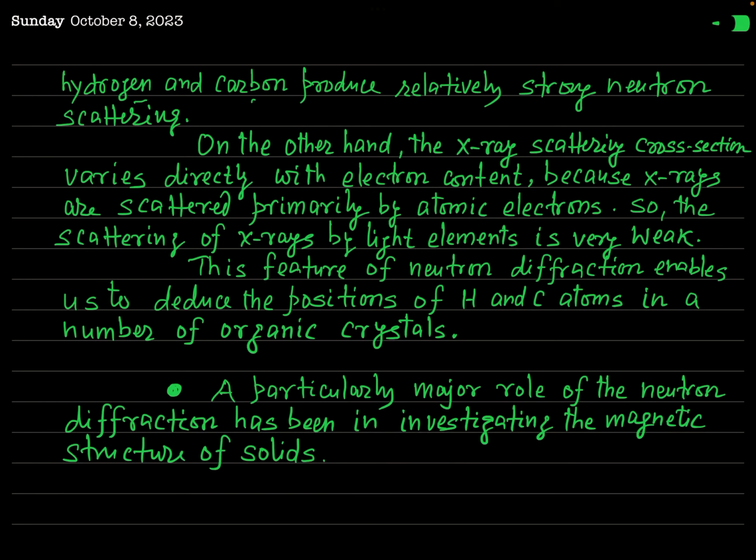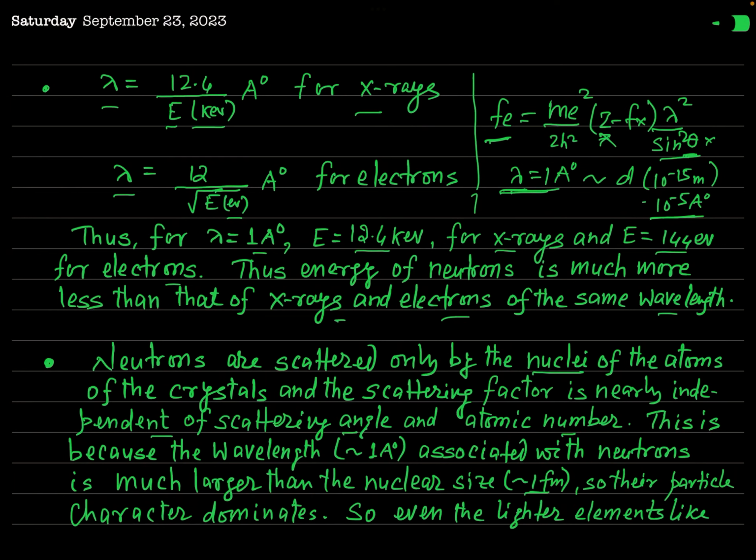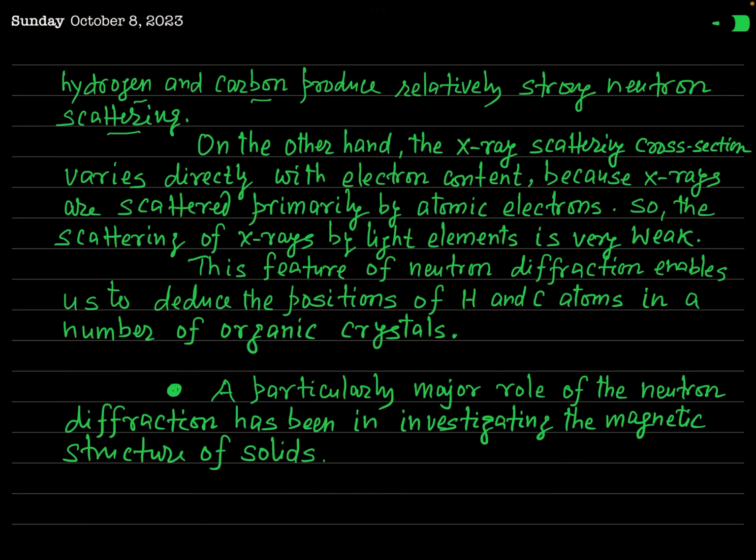For example, hydrogen and carbon produce relatively strong neutron scattering, okay, although hydrogen and carbon will not be very effective in the diffraction of electrons, because in that case for larger value of the form factor we need larger value of Z, but in this case Z does not matter.